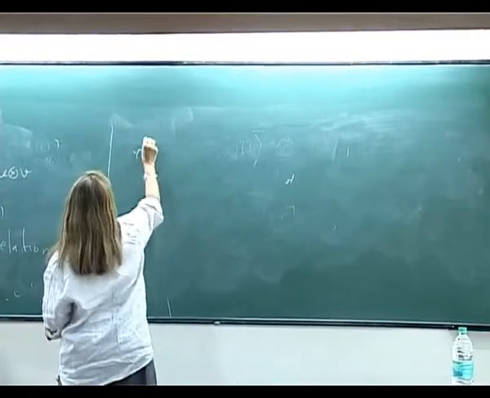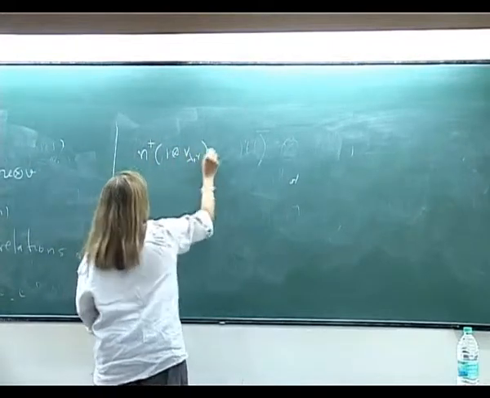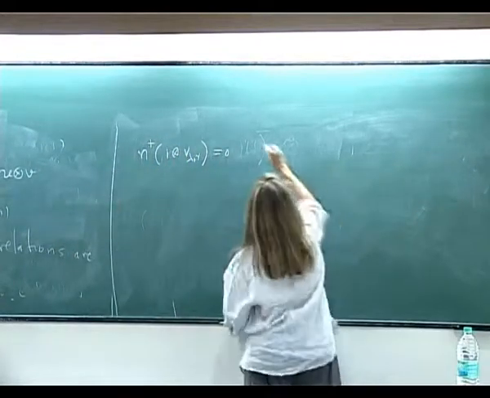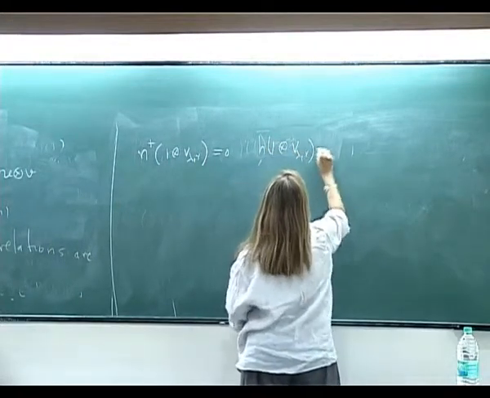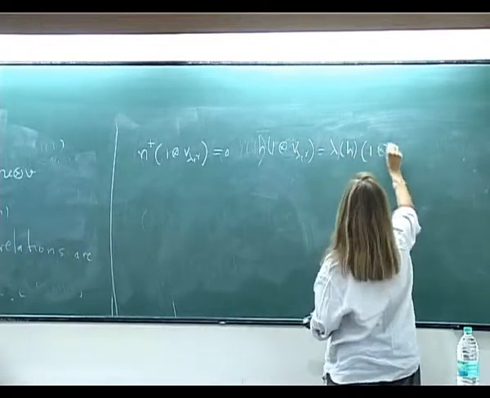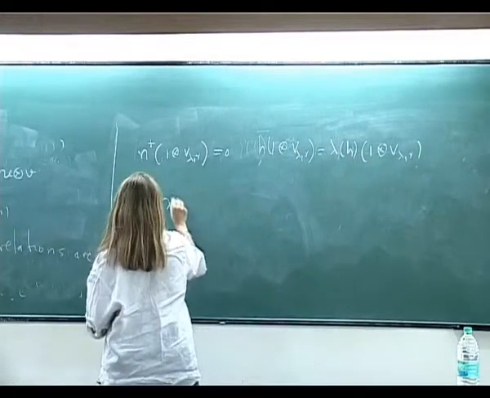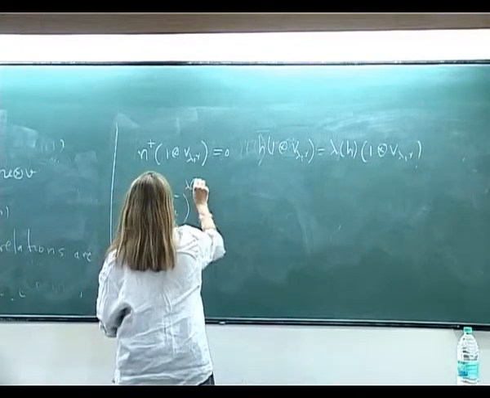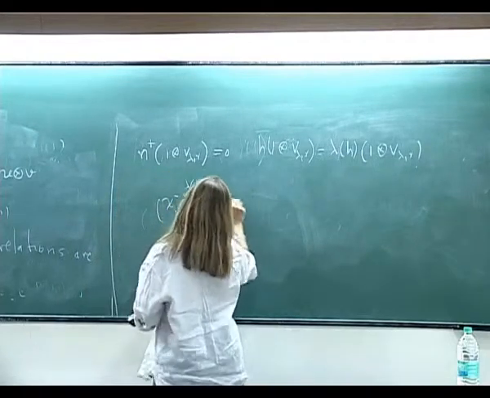So n plus on 1 tensor V lambda r equals 0. h on 1 tensor V lambda r is equal to lambda of h times 1 tensor V lambda r. And x_i minus raised to lambda of h_i plus 1, this is the Chevalley generator now, on 1 tensor V lambda r is 0.